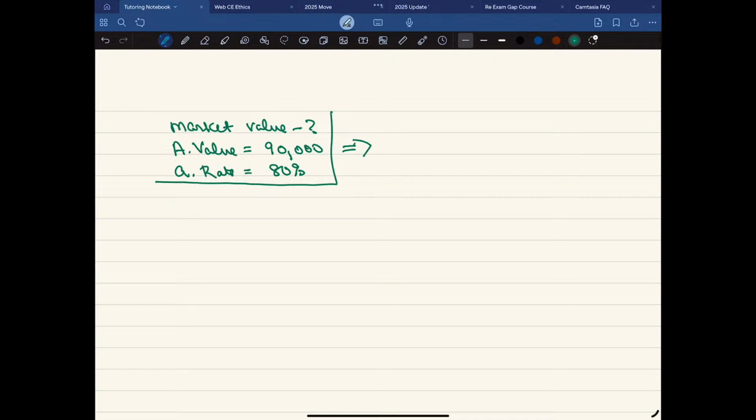If we're looking at this, the formula would be market value times the assessed rate equals the assessed value.